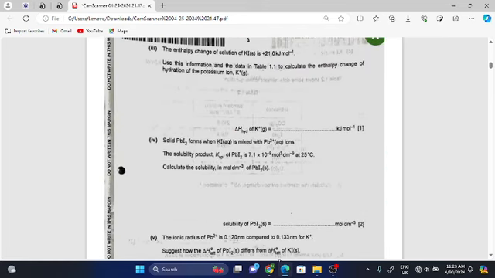Next, the enthalpy change of solution of potassium iodide is given. Use the information in this table to calculate the enthalpy change of hydration of the potassium ion, K positive.